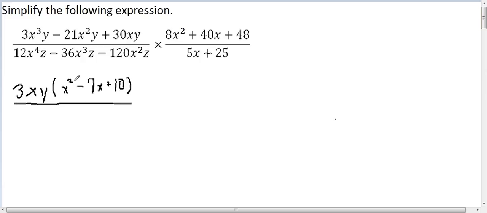Let's go ahead and do something similar to the polynomial in the denominator. If we look at the numbers 12, minus 36 and minus 120, they have a factor of 12 in common. If we look at the x's, x squared is the x with the smallest exponent, and they all have z in common, so we can factor that as well.